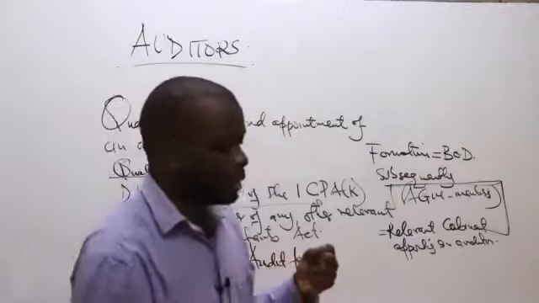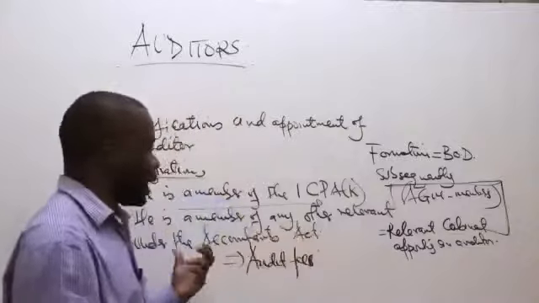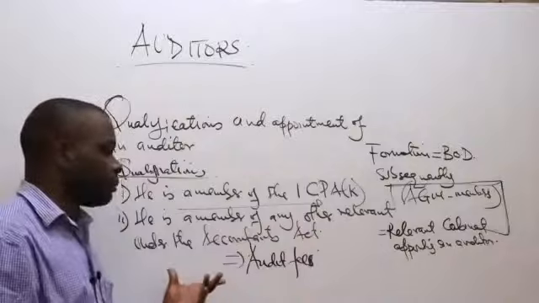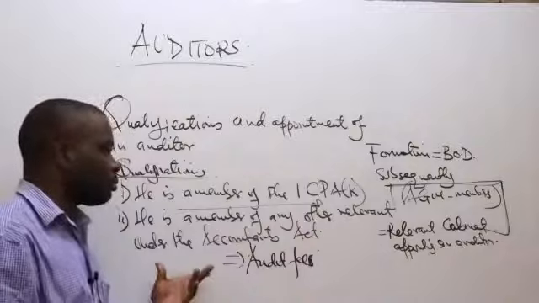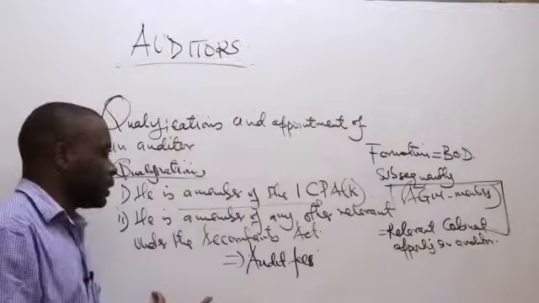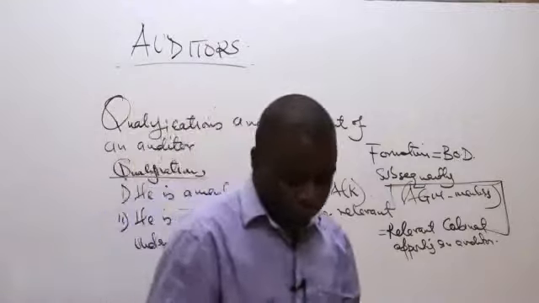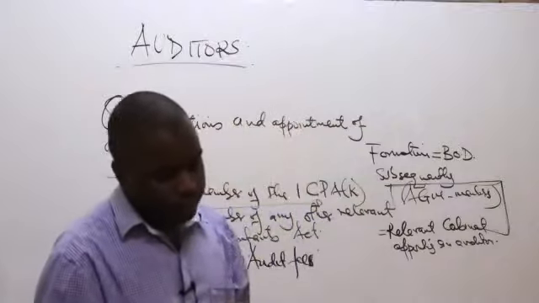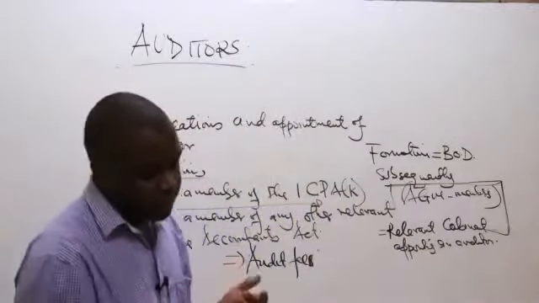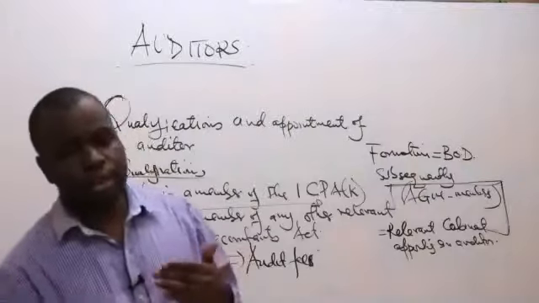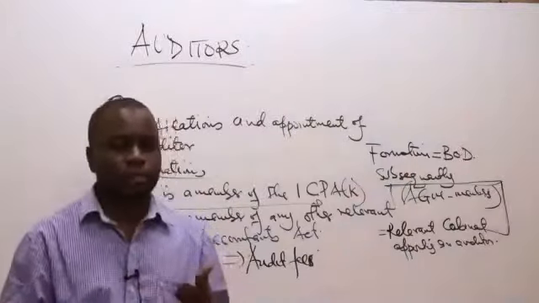Or maybe we can say they provide lunch for the staff of the auditor when they're visiting the premises of the client, or the premises of the company being audited. So that one will still be seen as the remuneration for the auditor. So the remuneration can come in different ways, as audit fees, reimbursement of expenses, or extension of any facility to the auditor to enable him carry out his work as the auditor of the company.